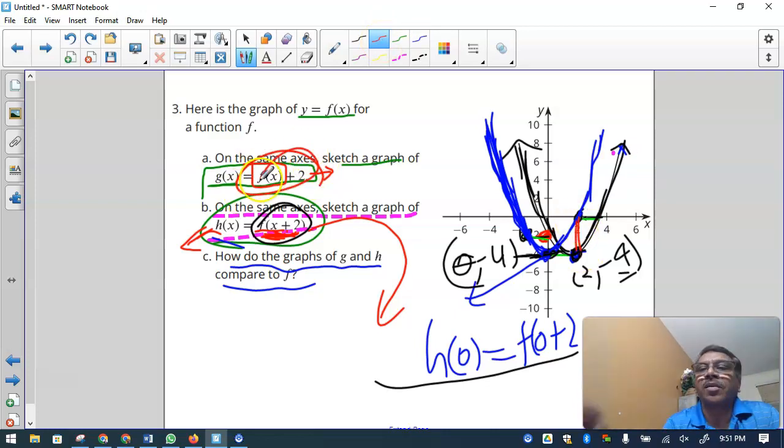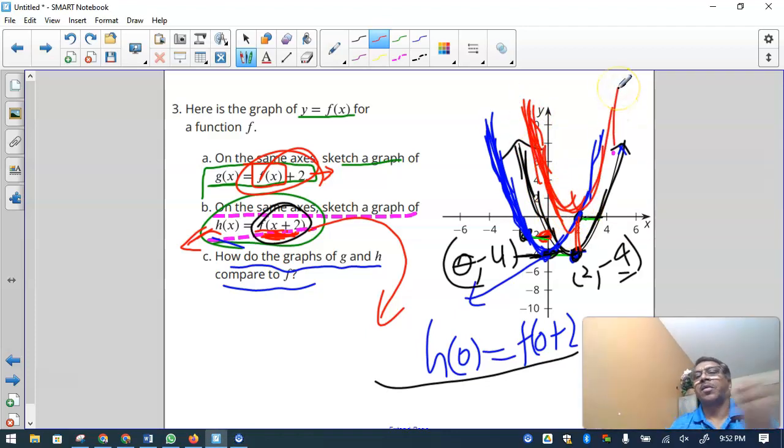So this is plus 2. So that was the translation. So g was the translation of the black graph, which is shifted 2 units up.